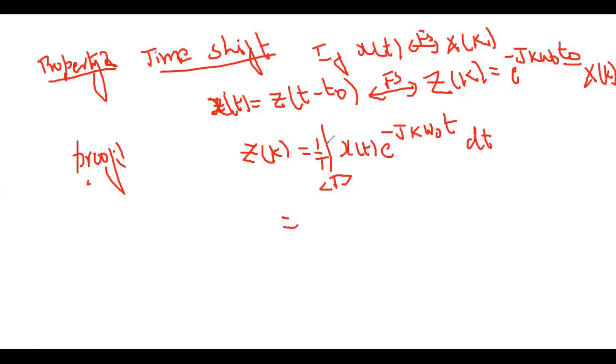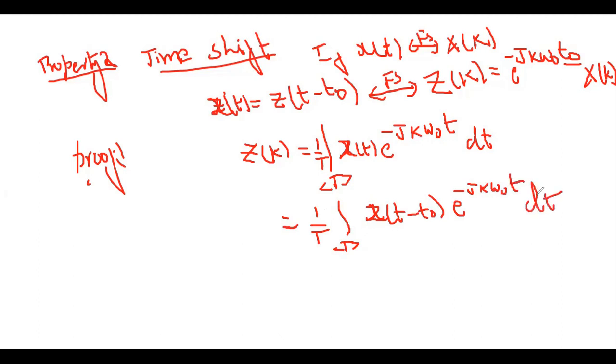So 1 by T, the integral over T, of z of t, that is x of t minus t naught, into e power minus j k omega naught t dt. Sorry, this is not z, it is x only.